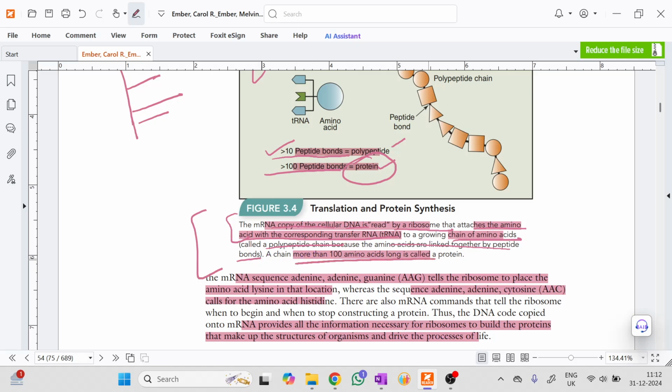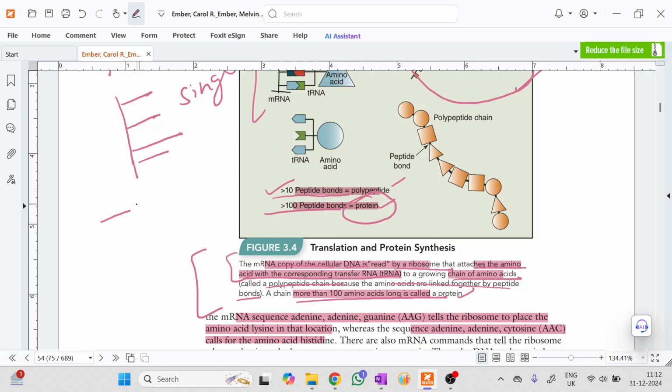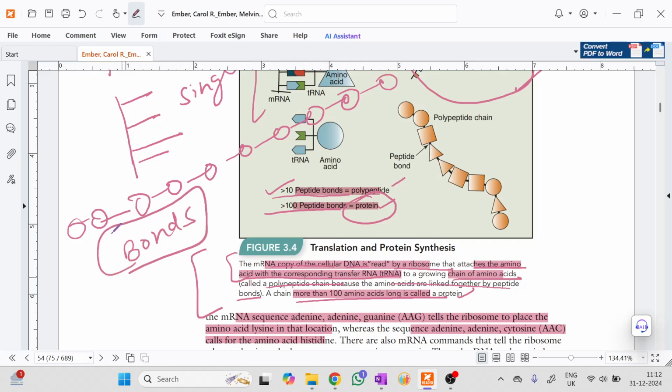Then a chain of more than 100 amino acids is known as a protein. So it's like a chain structure, and it depends on the number of nodes or peptide bonds that are read together, and they are segregated and assembled together to form a protein.